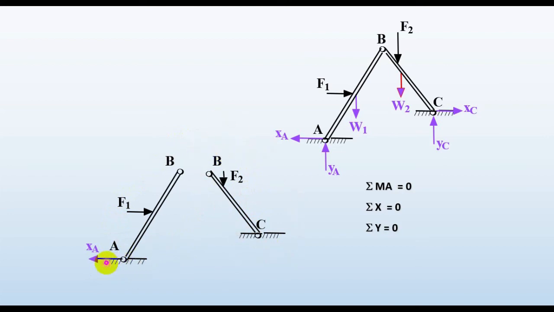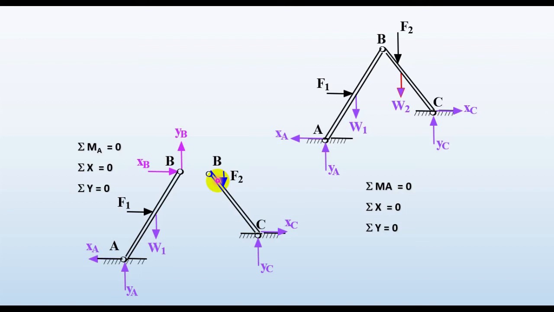So it will be X and Y as they are, the weight as it is, and here the internal forces start to appear. At this point, the internal force will appear as X and Y. Also, once I put it like that, we have to put the other two reactions in the opposite direction for this one.